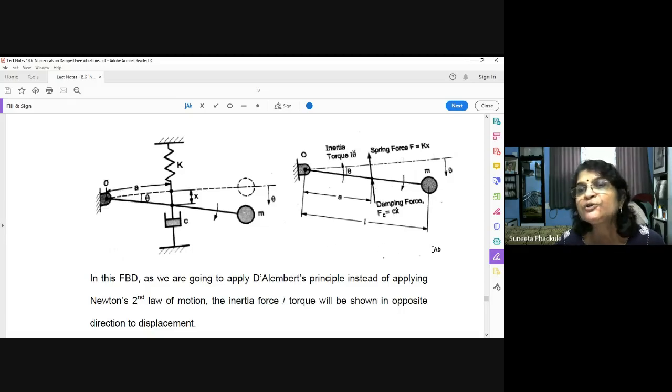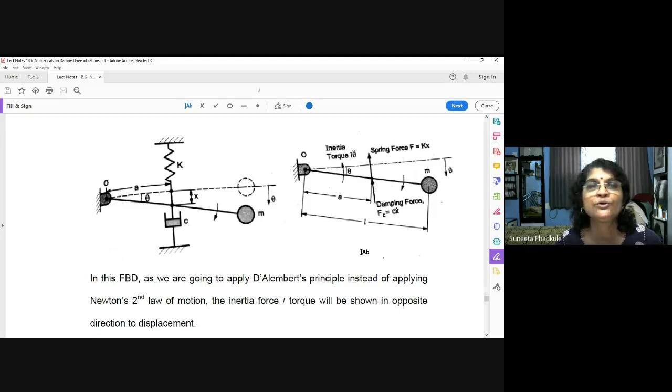If you want to solve it by D'Alembert's principle, you have to show the inertia force or inertia torque in the opposite direction of the motion of the mass, and the equation is summation of torques is equal to 0.